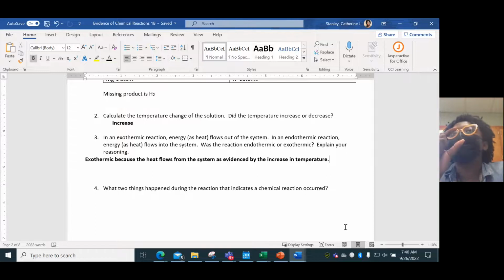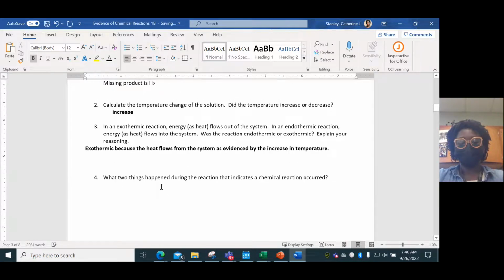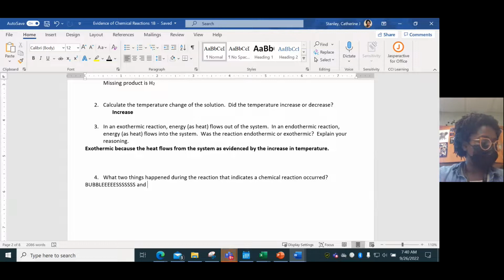This is the one you put the piece of magnesium metal into the clear solution. What happened next? Bubbles. And what? Temperature change.